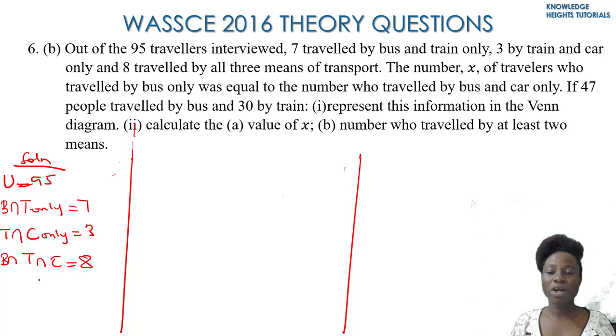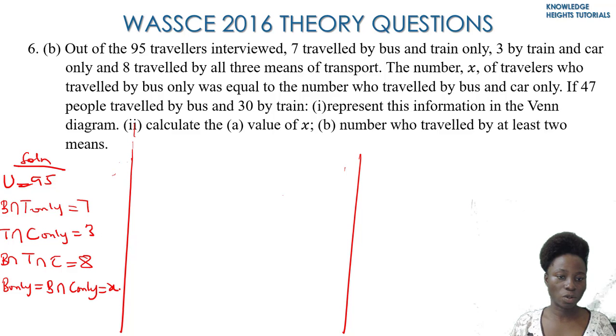Well, the number X of travelers who traveled by bus only was equal to, so B only is equal to those who traveled by bus and car only. Bus and car only, and this is equal to X. If 47 people traveled by bus and 30 by train, so B is equal to 47 and T is equal to 30.